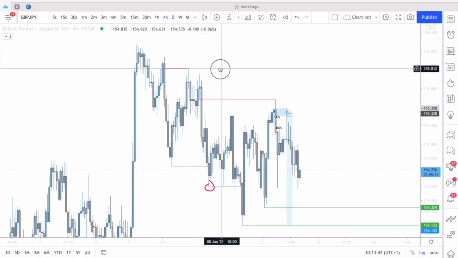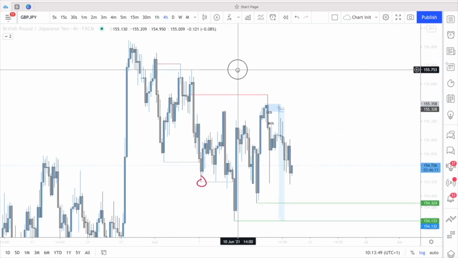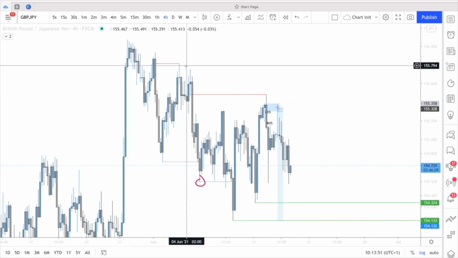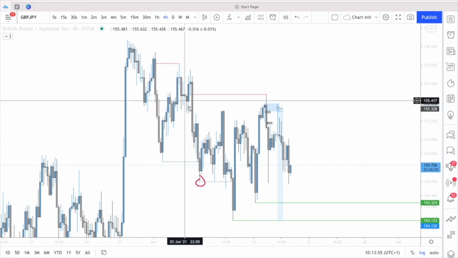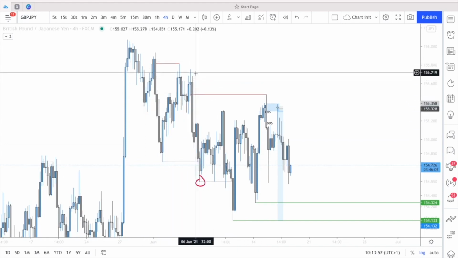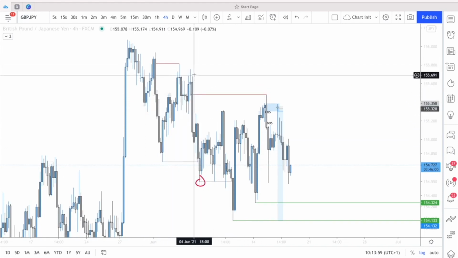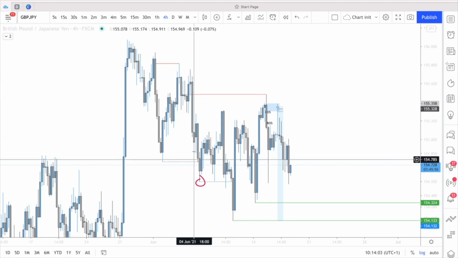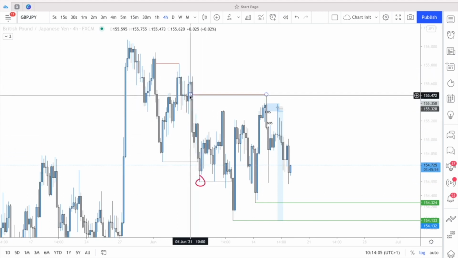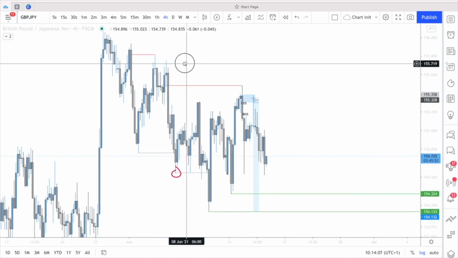But in terms of what makes sense and what's clear, you need to understand that the last mitigation point happened from here. So in terms of pricing efficiency, price is pretty efficient along here, and the inefficiency comes from this drive here, and we see the clear inefficiency here.